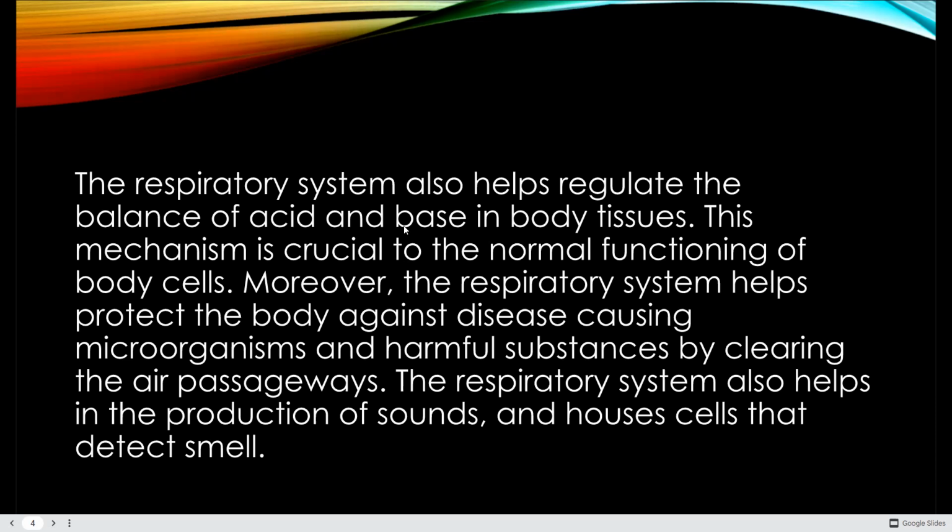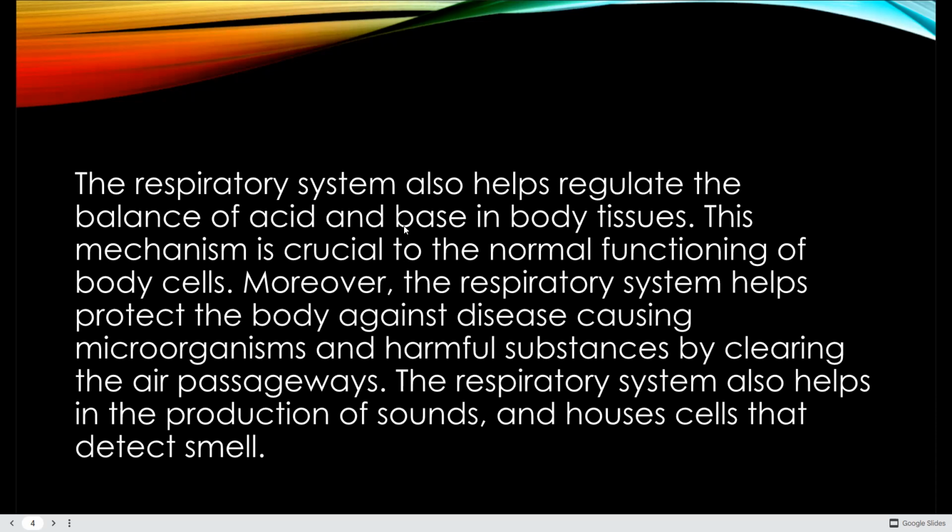Why? Because it needs to break down certain compounds. That's the main reason. And we also need base in our body, just like in your small intestine. It is highly basic so that it can neutralize the effect of acidity. Right?